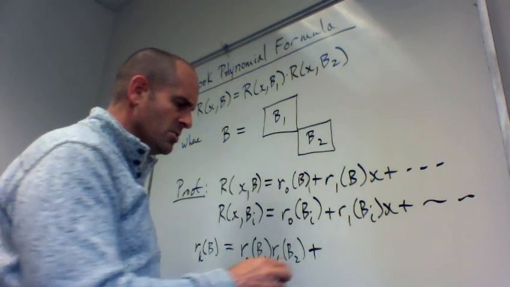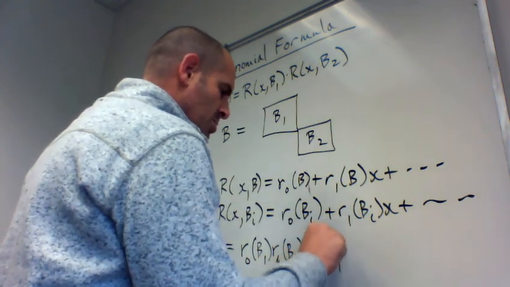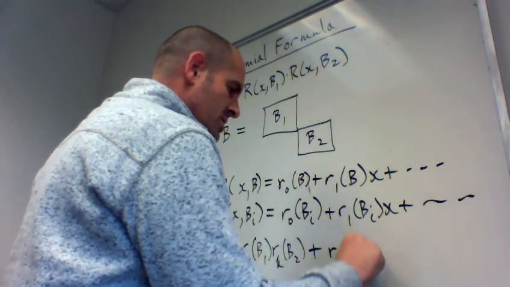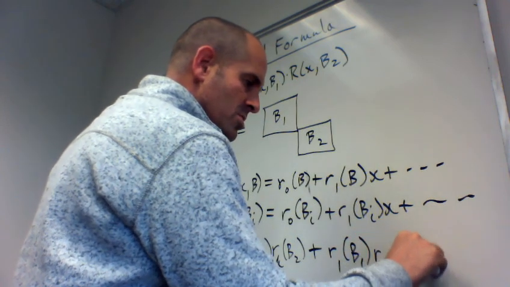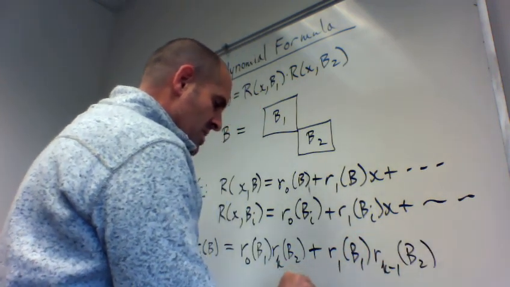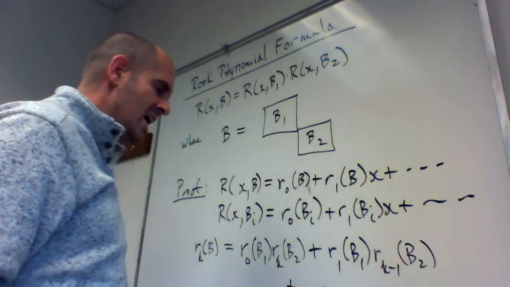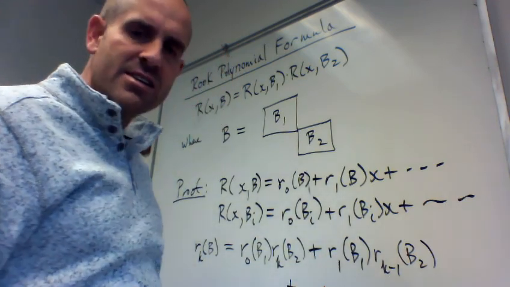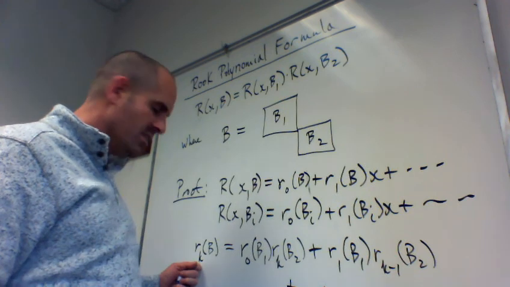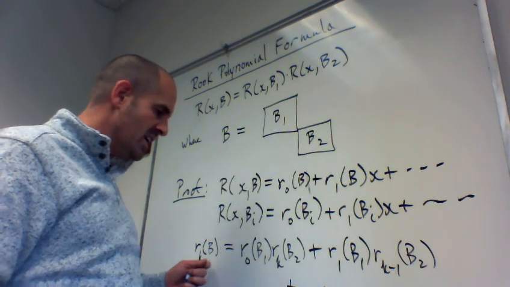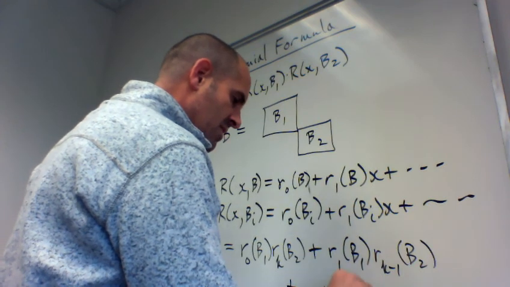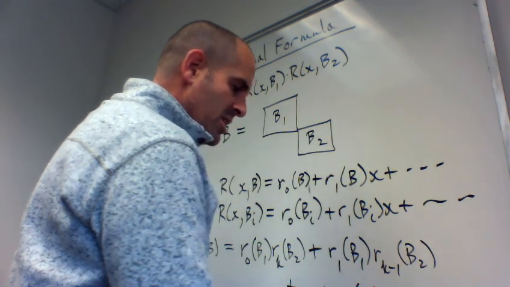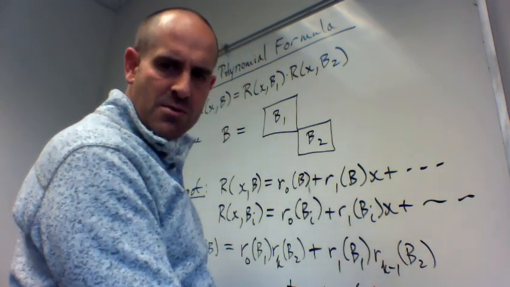Or what else could I do? Well, I could place 1 rook on board 1 and k minus 1 rooks on board 2. Plus, right, and you just keep on going here, and the last summand in the formula for the kth rook number for the entire board is just going to be Rk of B1. This is the number of ways to place k rooks.